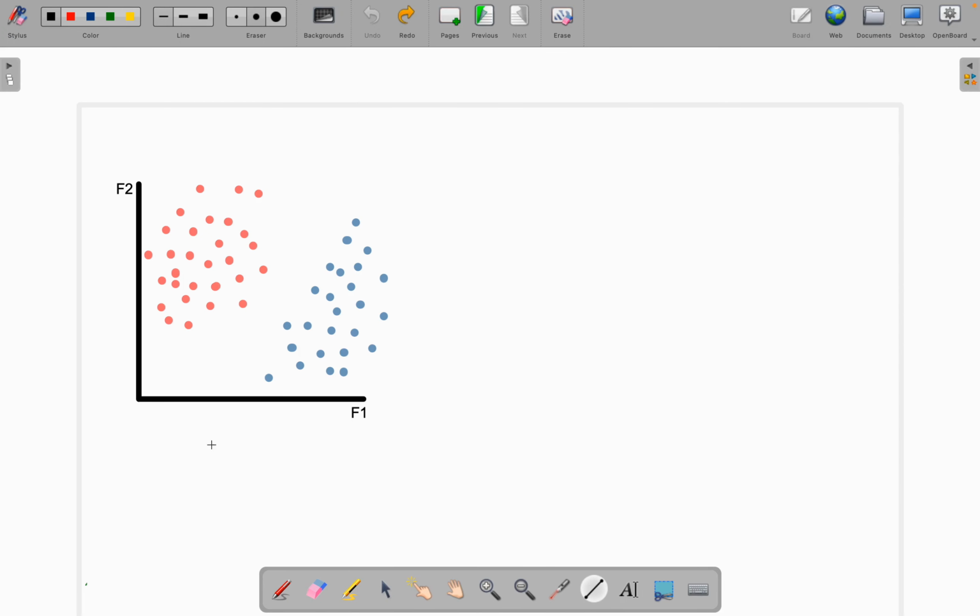Let's say I am drawing one plane which passes through a point, or we can say the first point. This is our positive class and this is our negative class.